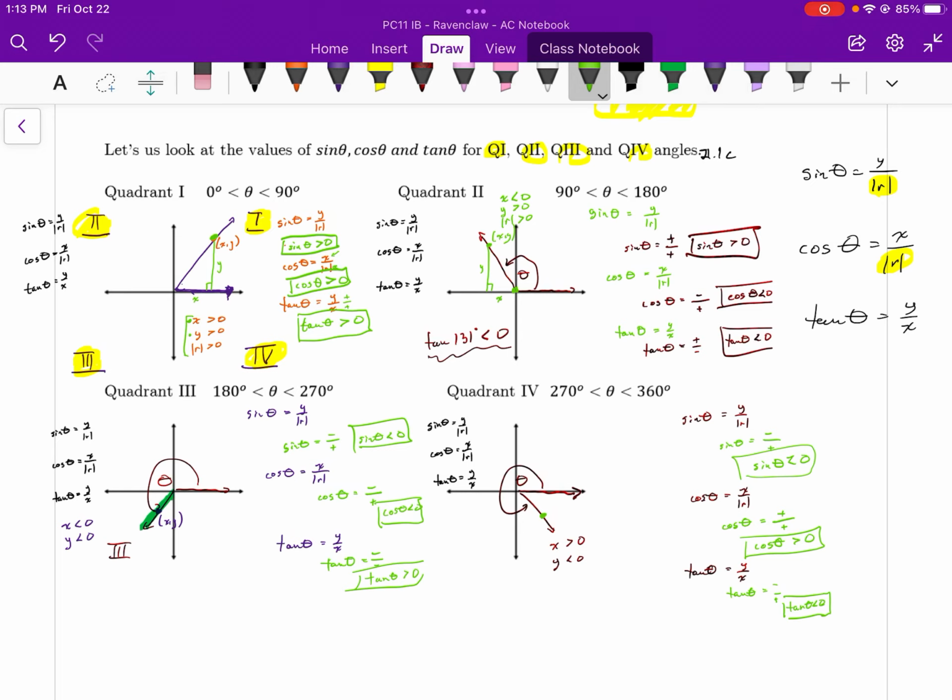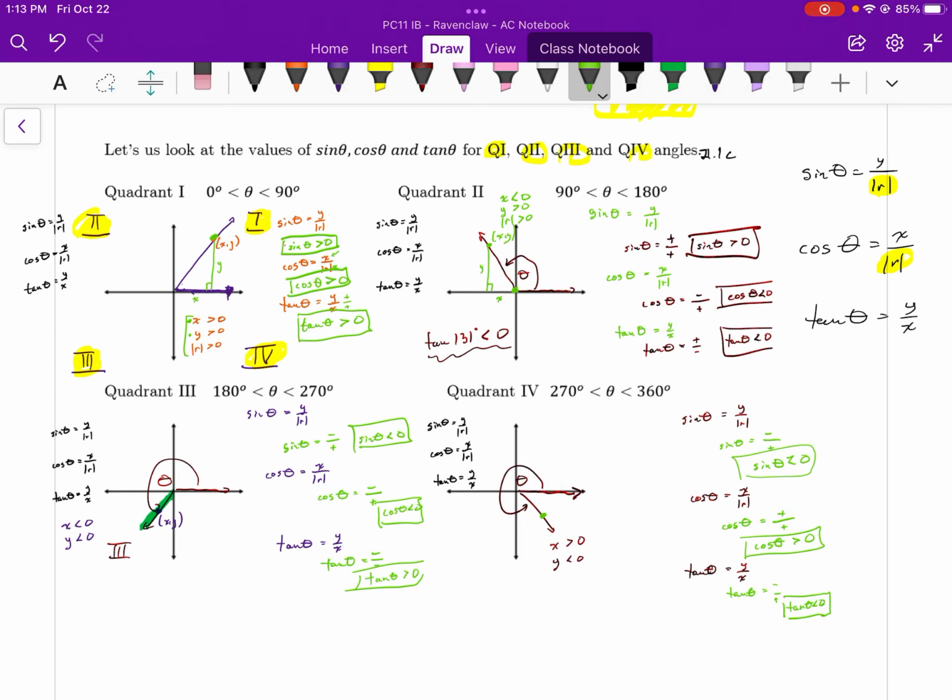Sine is always going to be positive in the quadrants where y is positive. Sine will be negative wherever y is negative. Cosine is positive wherever the x coordinates are positive, namely 1 and 4. Cosine is negative in those quadrants where x's are negative.